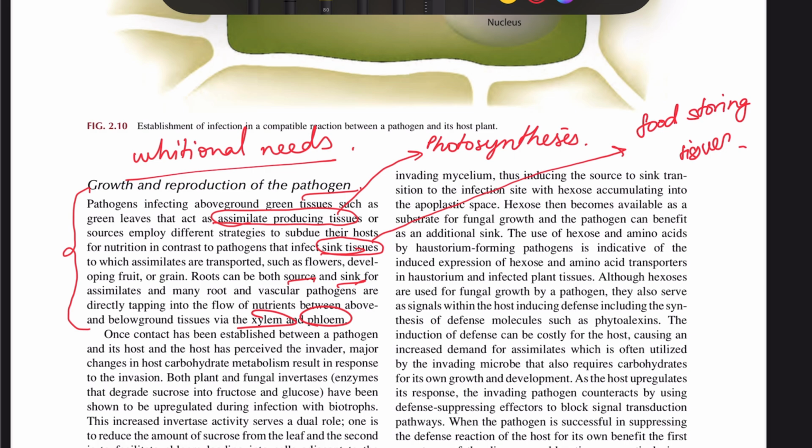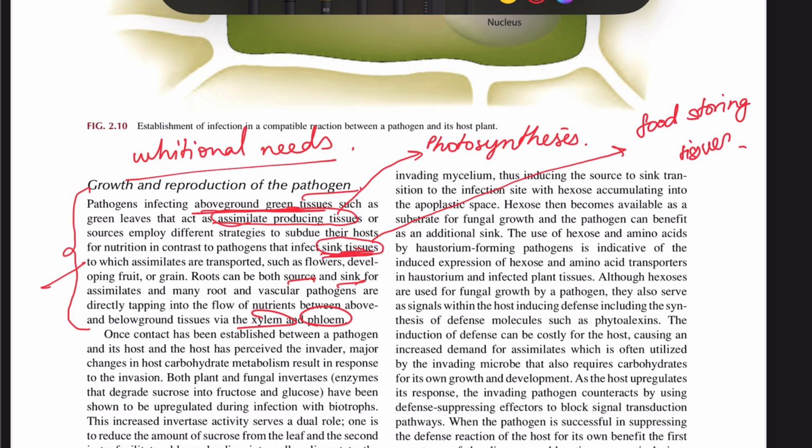In simple terms, if we try to explain this paragraph, some pathogens infect green parts like leaves, means the above ground green tissues, which make food for the plant. That is the source tissues, right? Other pathogens infect plant parts like flowers, fruits, or grains, which do not produce food but store them.